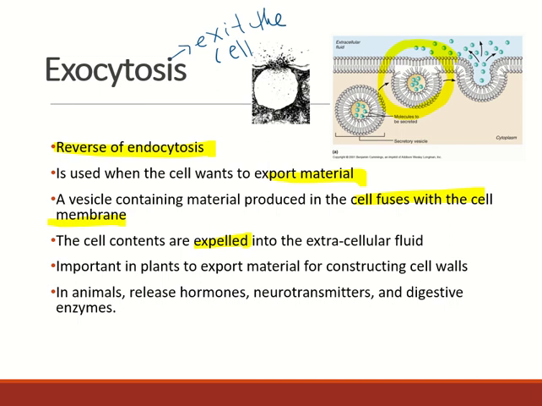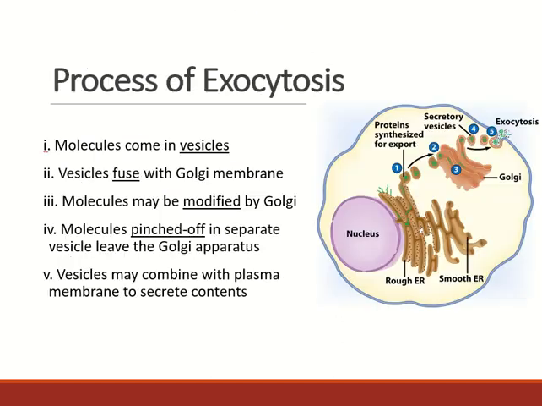It could be hormones, neurotransmitters, enzymes, just depends what we want. But remember, if we don't have both happening together, you're going to end up with a change in your cell membrane. So step by step for exocytosis, you can see here from the endoplasmic reticulum, you're going to your Golgi, then you're going to have your vesicle, which then fuses with your membrane to cause exocytosis.